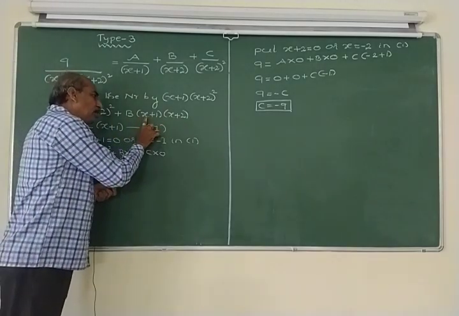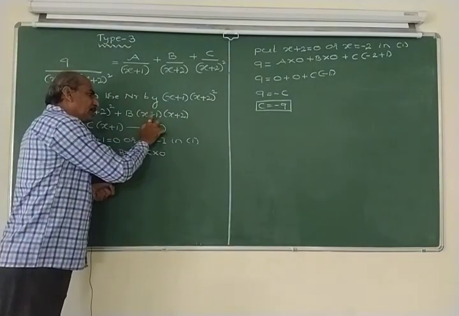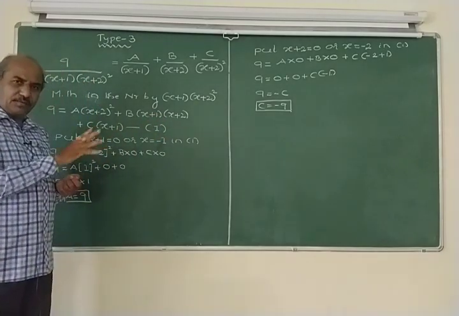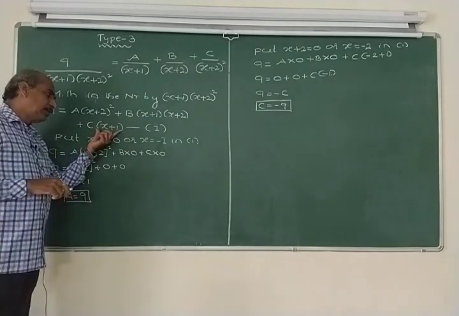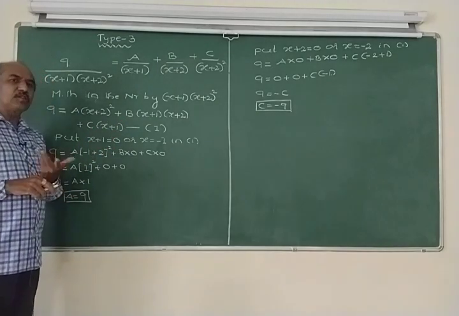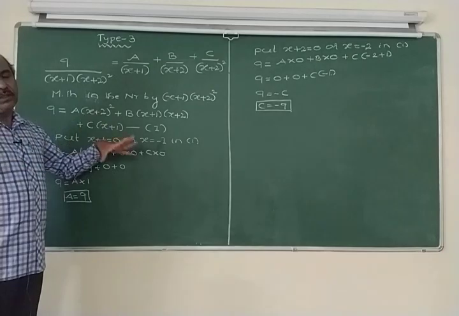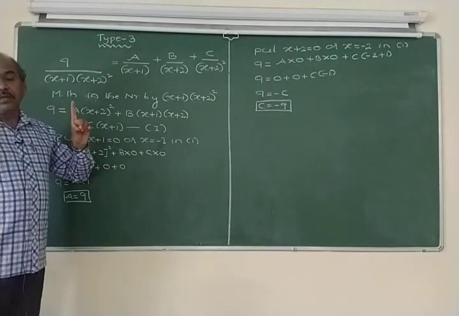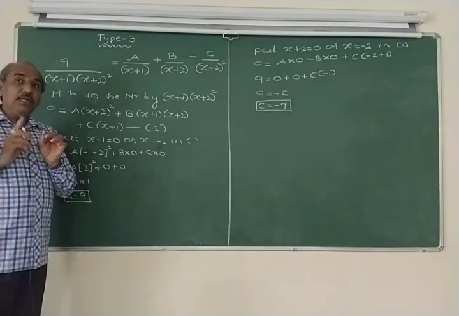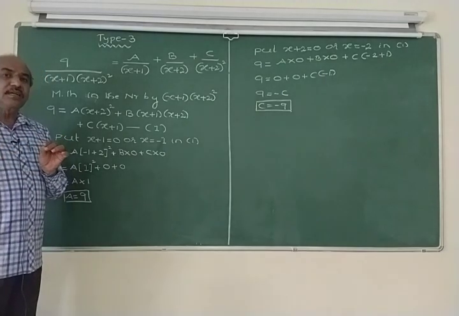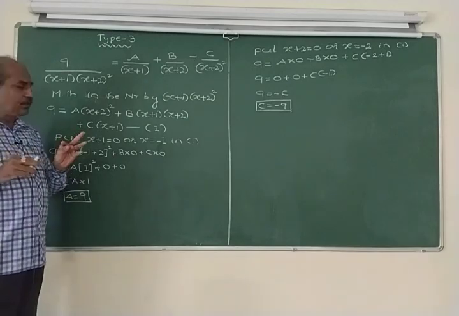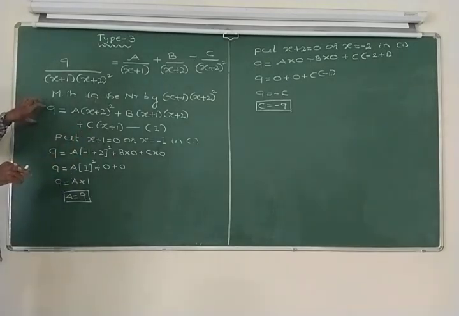When you take the usual product, x into x is x square, the highest power is x square, its coefficient is b. Here there is no question of getting an x square term at all, you need not equate. Remember what I am saying, equating the highest power of the variable on both sides. Of course, left hand side you do not have any x square term at all, so therefore it is equated to 0.